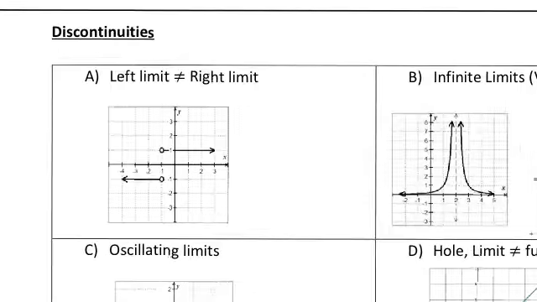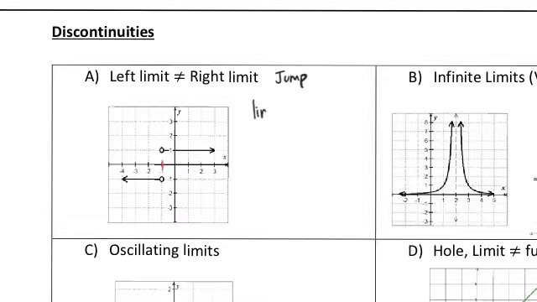So the first reason why a graph might be discontinuous, this is what causes a jump in the graph, is when the left limit does not equal the right limit. So here we're talking about this place, x equals -1.